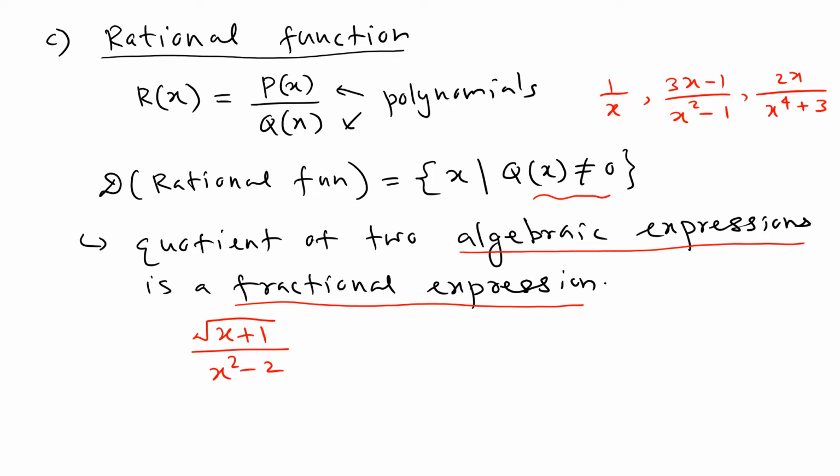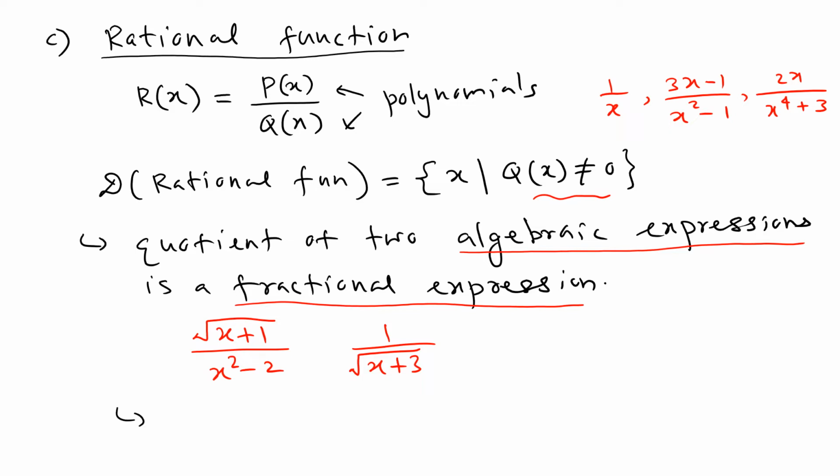Or like 1 over (x plus 3) squared. Those are what we call, not rational expressions, but fractional expressions. Now when you want to find the domain, you have to think about all those different cases.